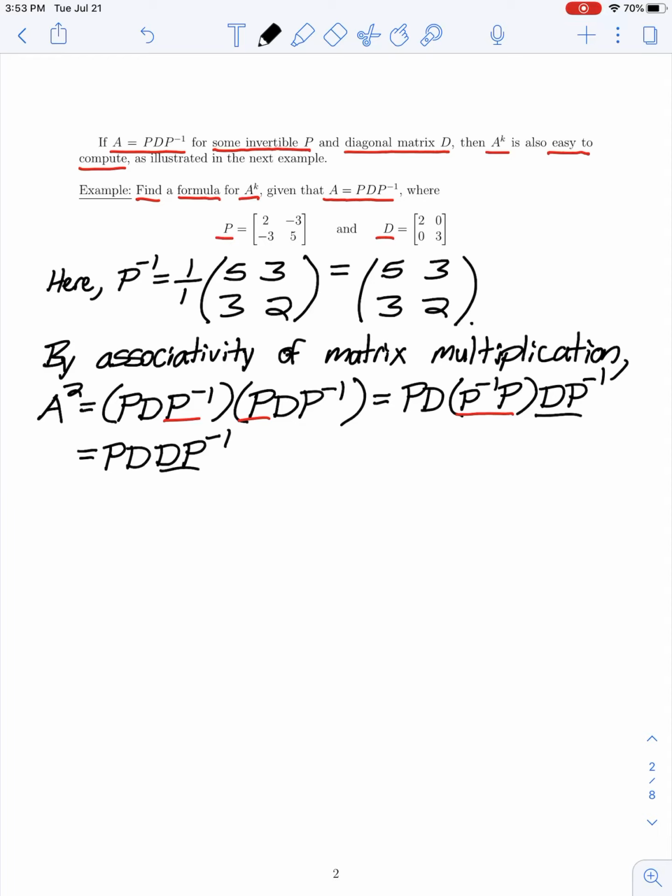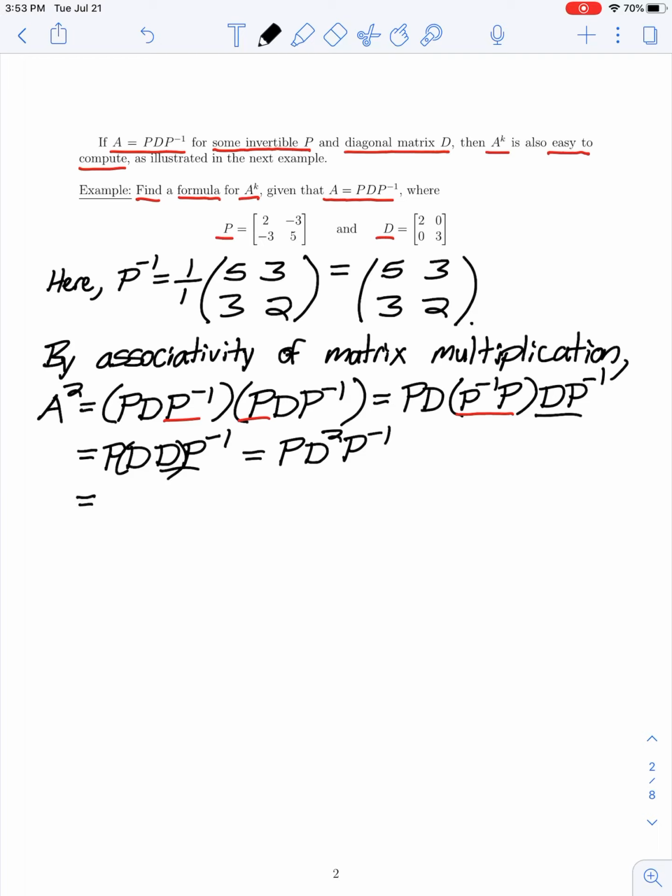So now, for the middle of this product, I'm multiplying D by itself. So I have P D squared P inverse. If I want to find A squared, I would take the product of P times D squared, and we know that D squared would be easy to calculate since D is diagonal, and then multiply by P inverse.